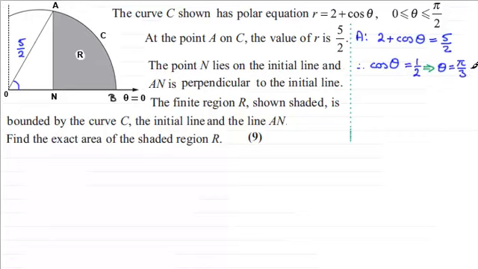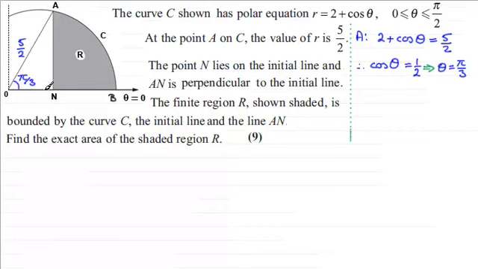Okay, so let's just put that in here then, that this is pi upon 3 radians, the equivalent of 60 degrees. Now when I've got a 60-degree triangle, I should know the ratio of the sides.